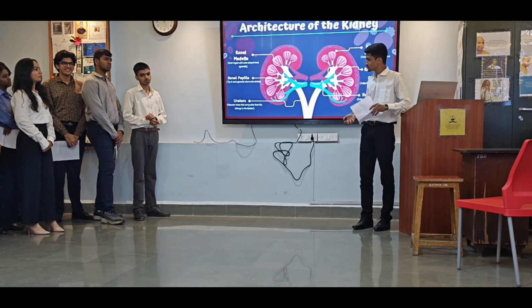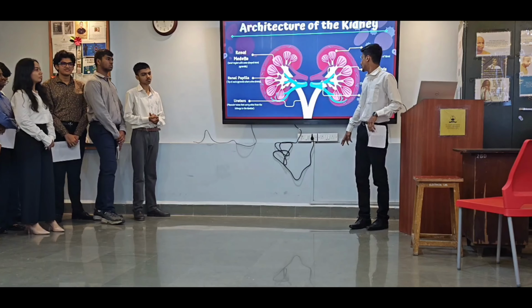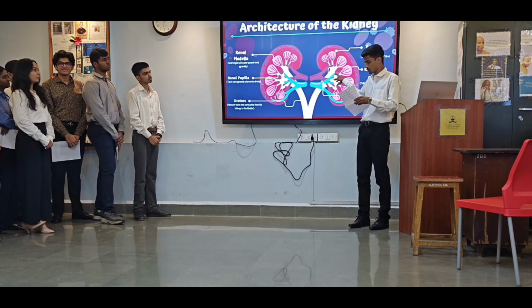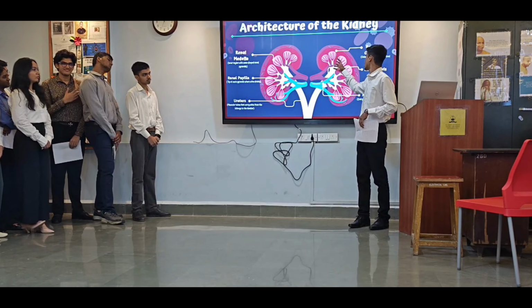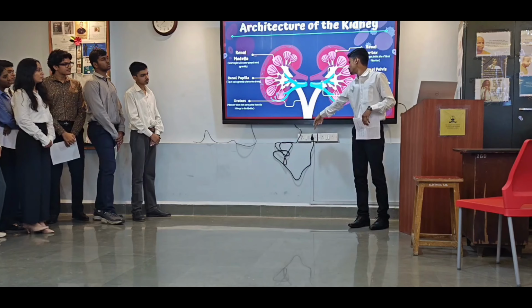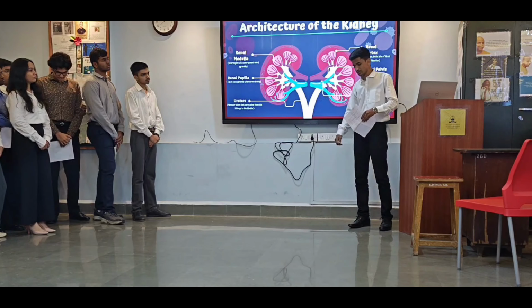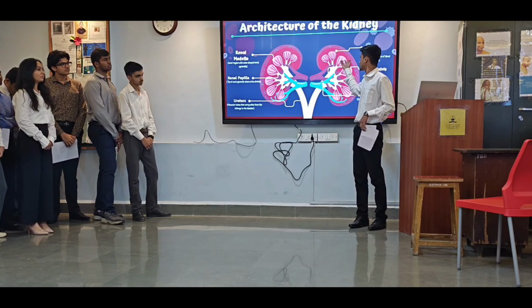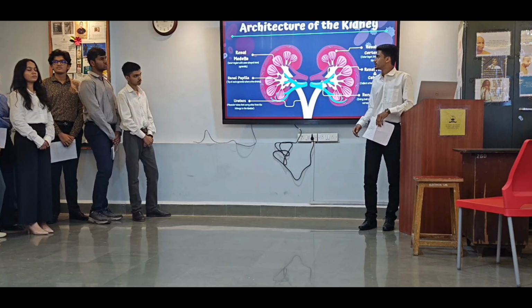Then we have the renal pelvis. It is a funnel-shaped reservoir that collects urine from the major and minor calyxes and funnels it towards the ureters. Then the ureters are muscular tubes which carry the urine from the kidney to the bladder.